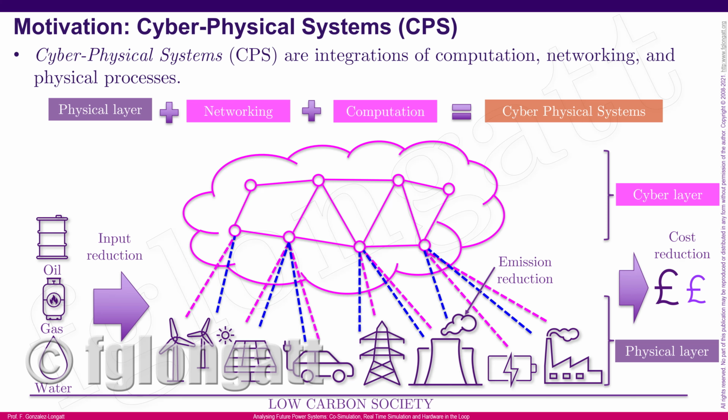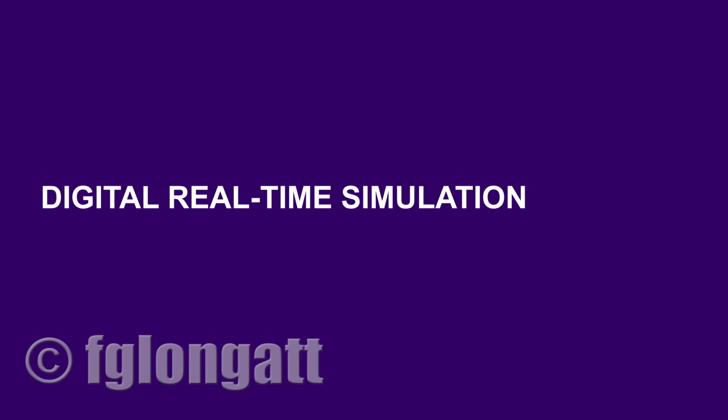Now, the complication is that we have multi-domain simulations that we need to take care of. In those multi-domain systems, which we call cyber-physical systems, synchronization and time are very important when we are solving the differential algebraic model. That is the reason that in electrical power systems, a few years ago, we started to use the concept of digital real-time simulation.